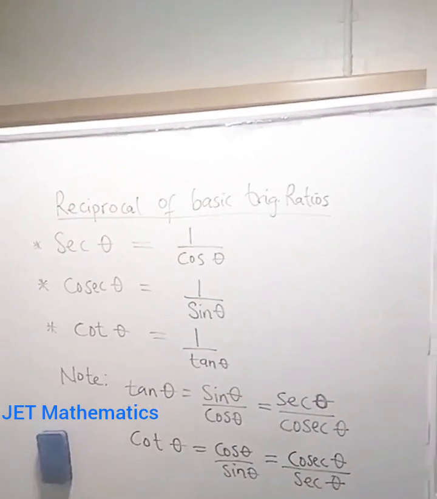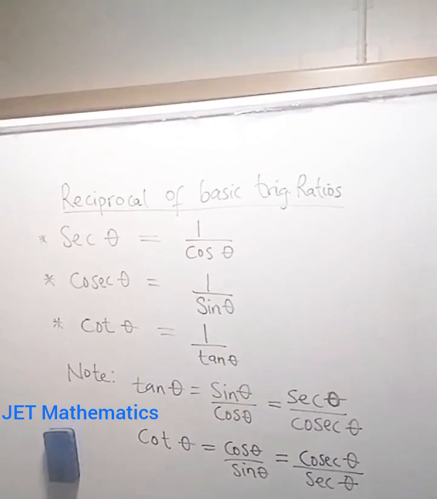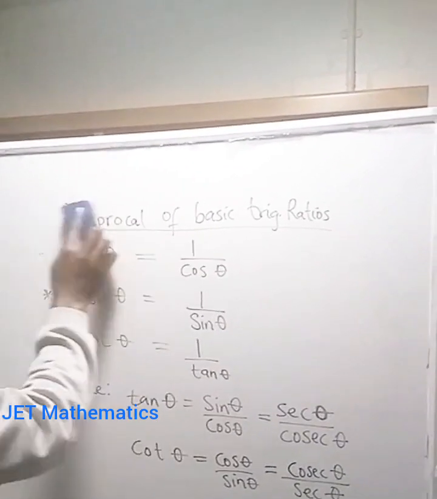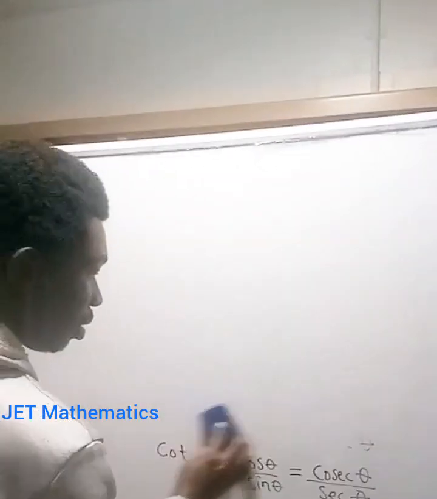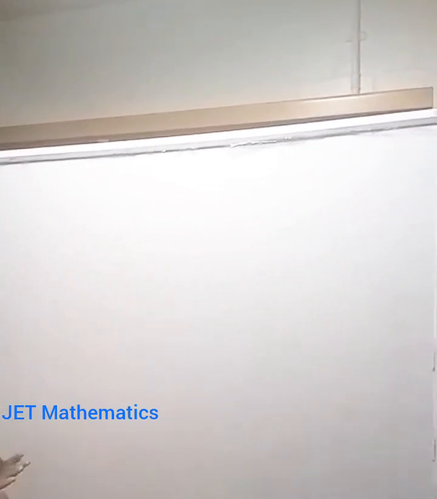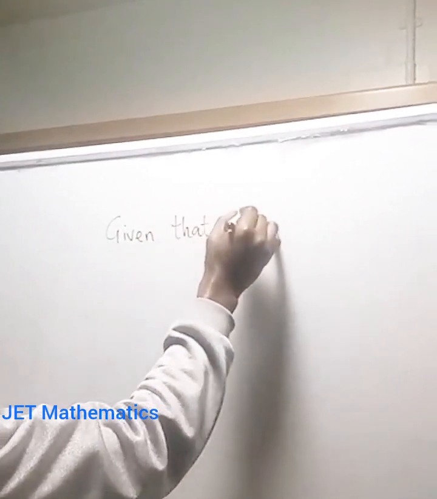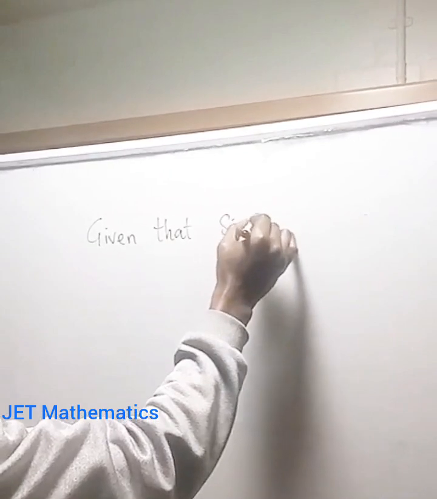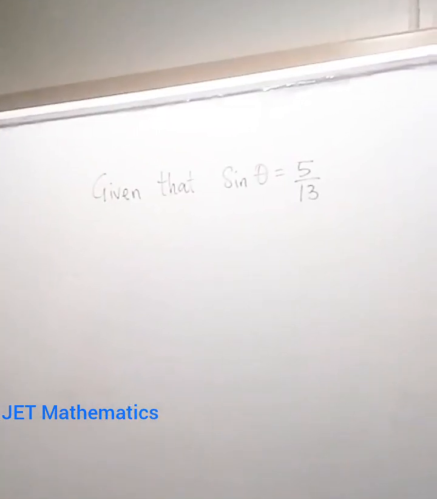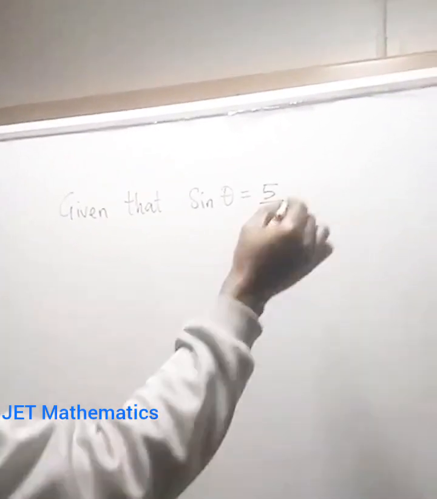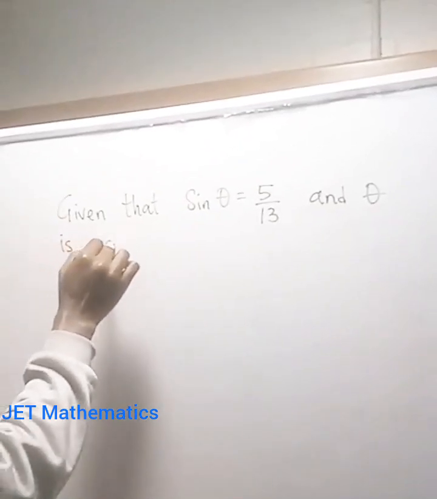Okay, before we close the class today, let's try one basic example. Given that sine theta is equal to 5 over 13 and theta is acute.